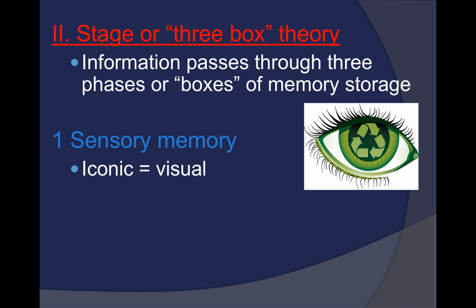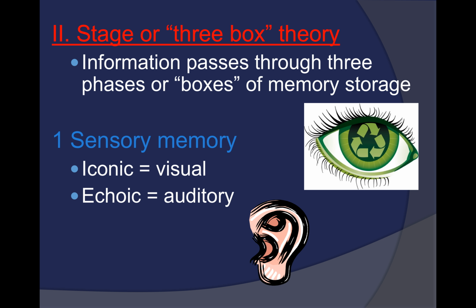And of course, it's short term, which makes sense because you wouldn't want to have overlapping visual images as you move your eyes around. Auditory is the same except for what you hear. And so again, both of these last less than a second.